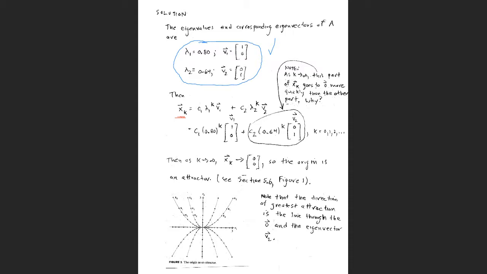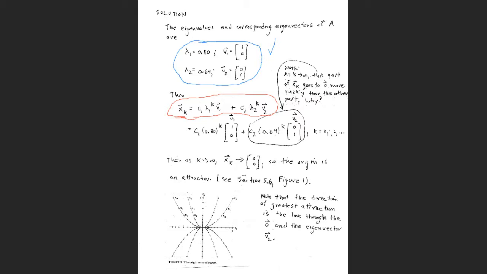So the kth vector is simply equal to a linear combination of C1 times lambda 1 to the kth power times the eigenvector V1 plus C2 times lambda 2 to the kth power times the eigenvector V2.